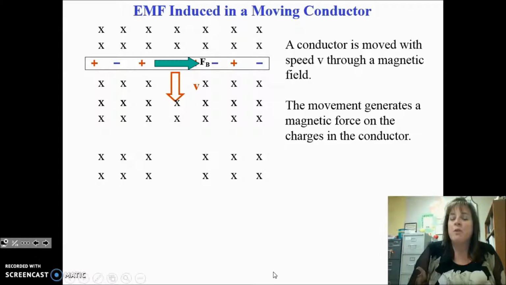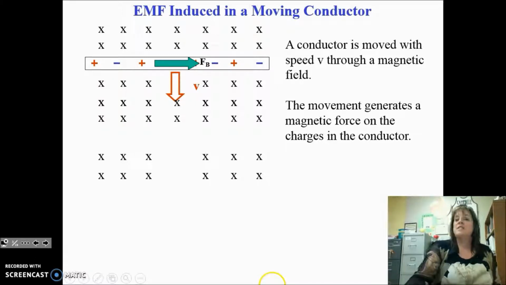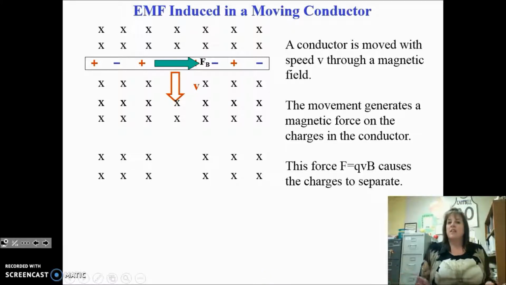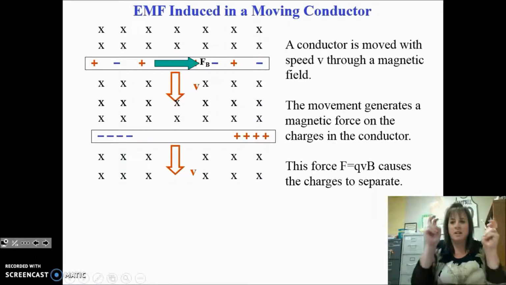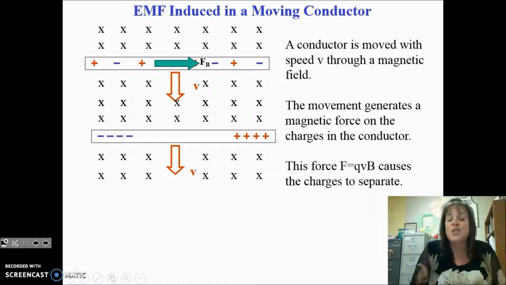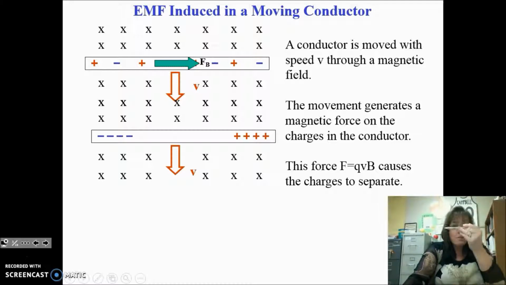So that magnetic force, if you have your right hand rule, you can see that you're going to force the electrons to separate from the protons, because your knuckles are on the opposite side from your palm. So I get an accumulation of electrons on the left side of the bar and an accumulation of protons, really a deficiency of electrons, on the other side of the bar as I move it through this magnetic field. As long as it's moving, I have that force that separates the charges.